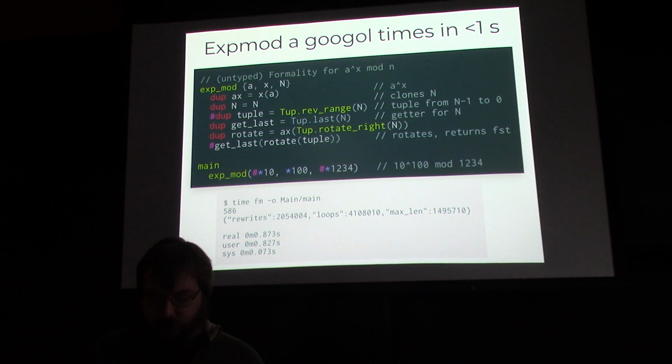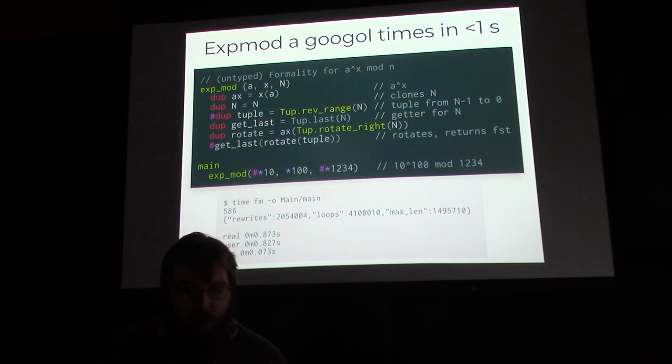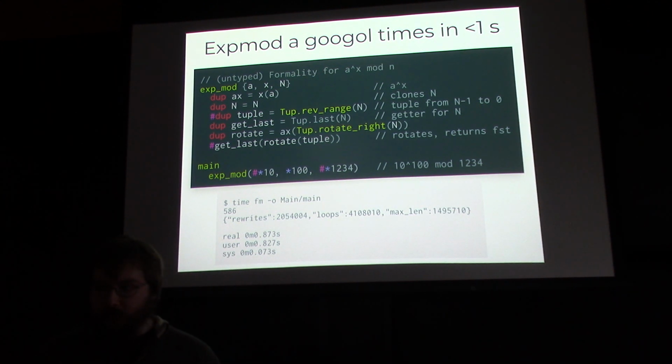So we can do 10 to the 10 mod 1234. We can do a tuple rotation an impossibly large number of times really quickly, because interaction nets have optimal sharing and runtime fusion.